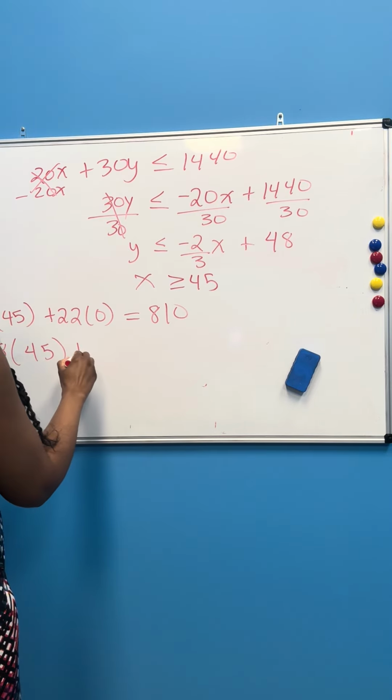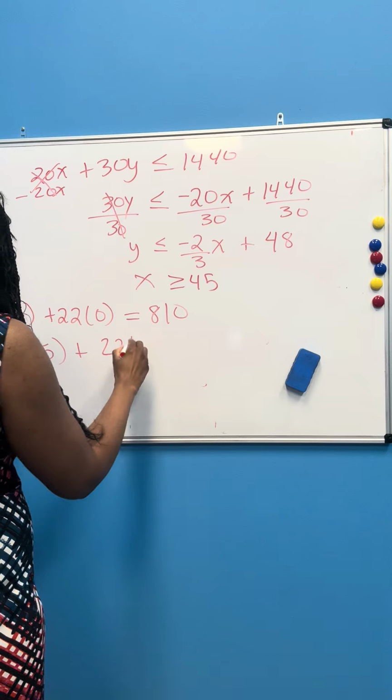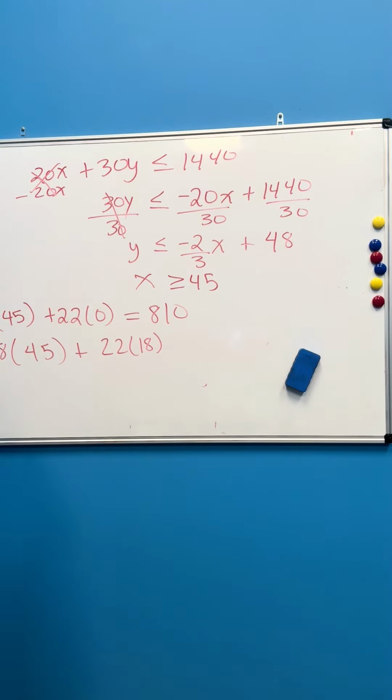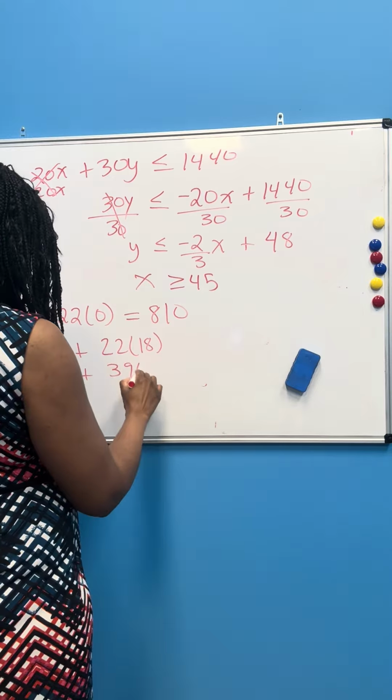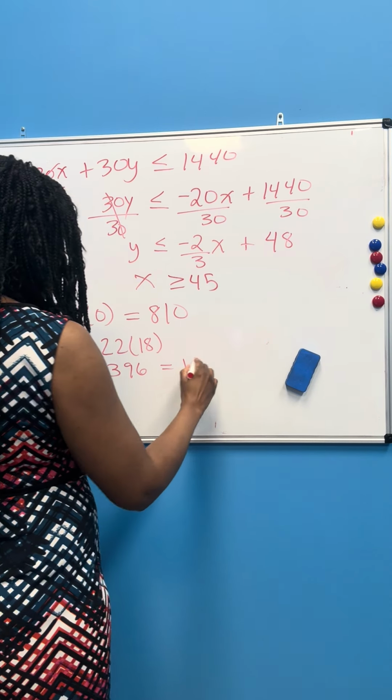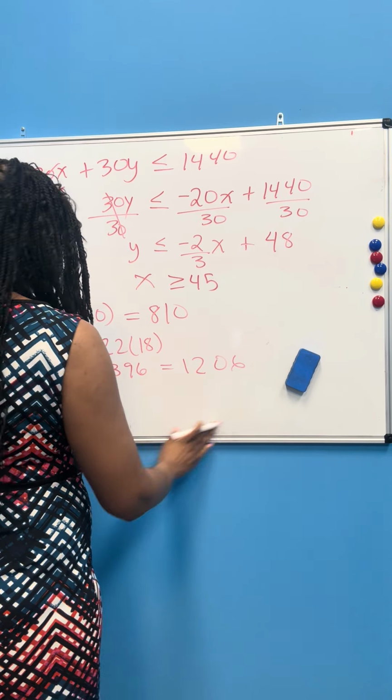I could do 45 t-shirts and 18 hoodies, and let's see what that gives me. We have 18 times 45, which is, oh, we already did that, 810, and 22 times 18, which is 396. Add that together, and that's 1,206.